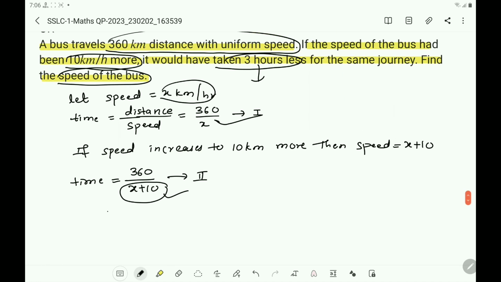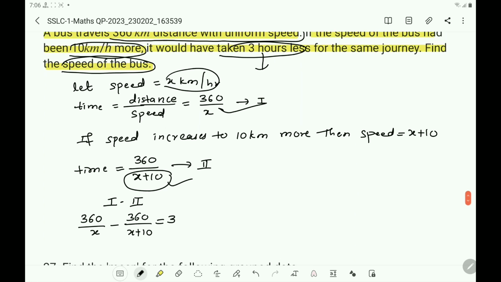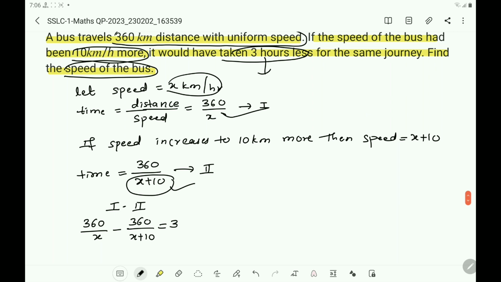So you can write first minus second. First means 360 by x minus 360 by x plus 10 equals 3, how much less, 3 hours less. Now you must convert this to the form of a quadratic equation, ax square plus bx plus c equals 0.